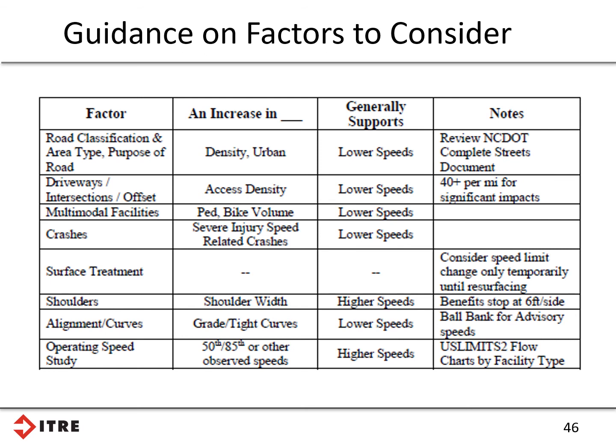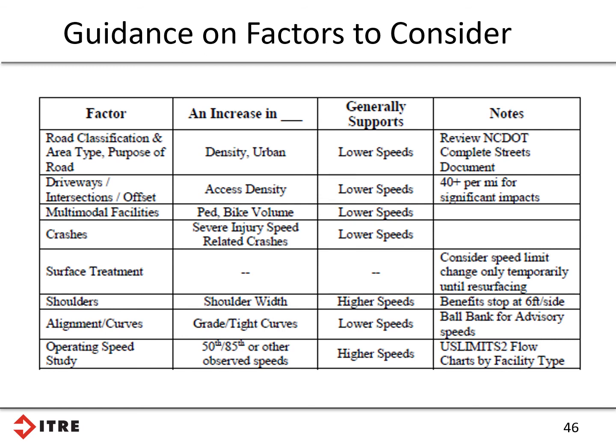Our research did allow us to share some guidance on factors to consider. For example, with driveways and intersections, an increase in the access density, meaning more driveways and intersections, generally supports lower speeds. One of the notes we have there is that 40 or more per mile is typically the range where you start to have significant impacts.